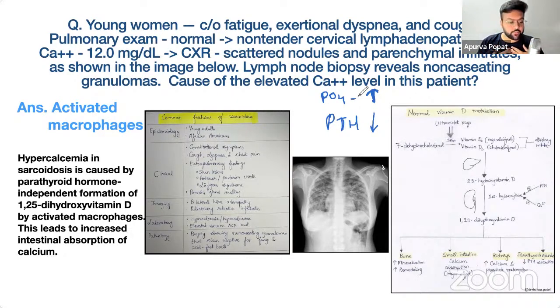Parathyroid hormone is a phosphate-trashing hormone. So if there is no phosphate-trashing hormone, phosphate will build up in your serum. So phosphate will be increased in serum if your phosphate-trashing hormone is low. Serum phosphate levels will be high or normal in patients with sarcoidosis because PTH is low.